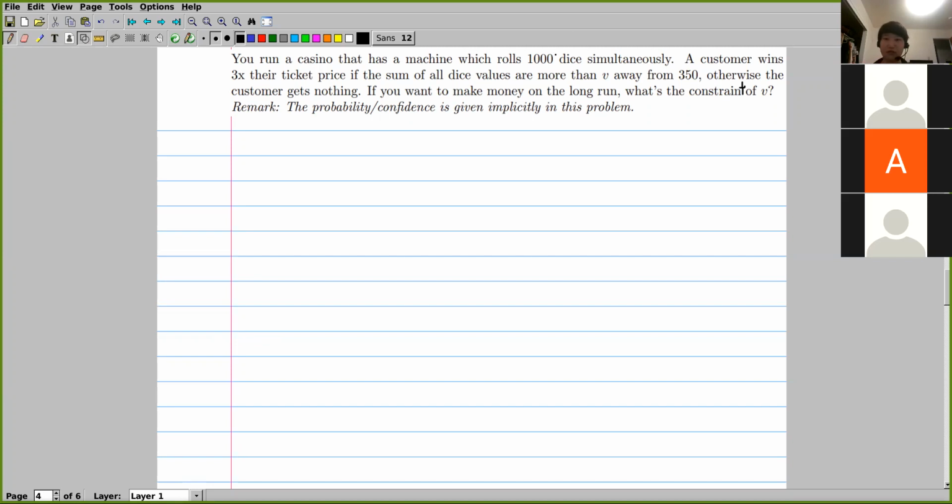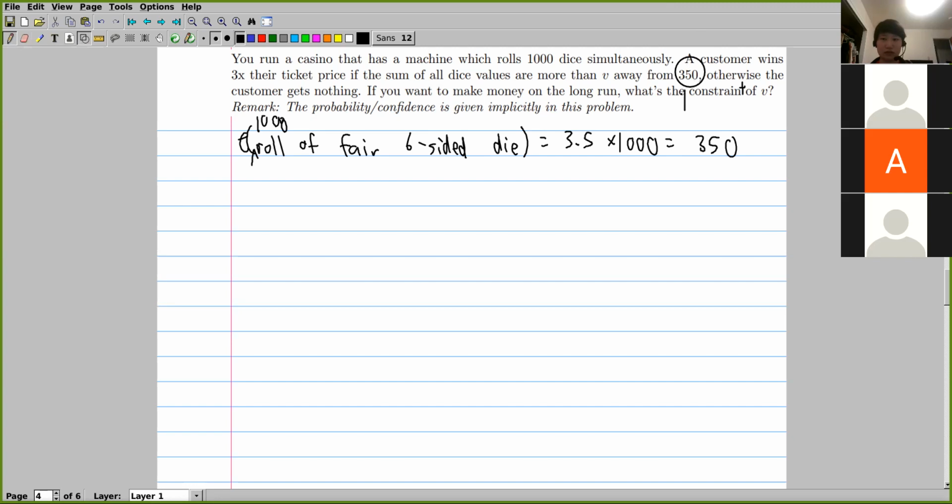Okay, so if you're curious about why this is 350, a fair 6-sided die has an expectation of 3.5 per roll. So the expected sum of 1,000 rolls would be this times 1,000, which is 350. So right away we see that this is the expectation of the sum.